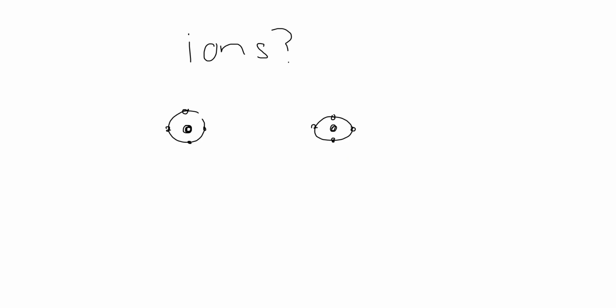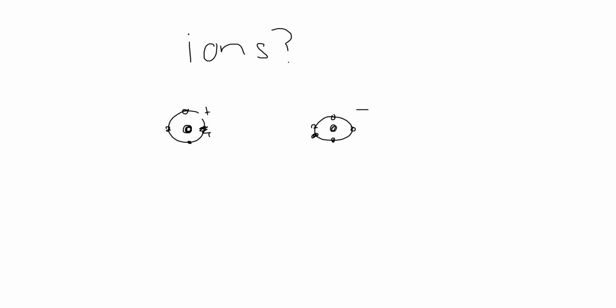But just what are ions? Well, an ion is just an atom that has gained or lost electrons. If an atom loses an electron, it has more protons than electrons, so it becomes positive. If an atom gains an electron, it has more electrons than protons, so it becomes negative.